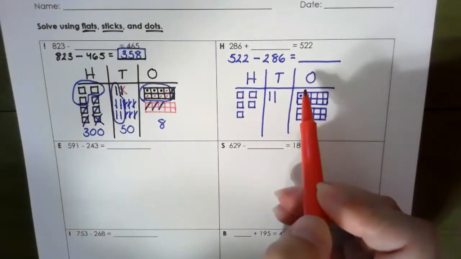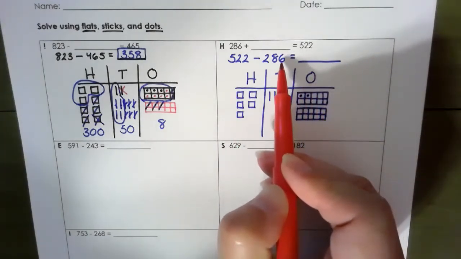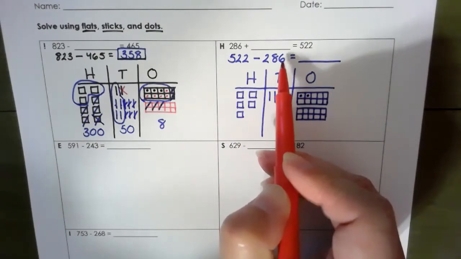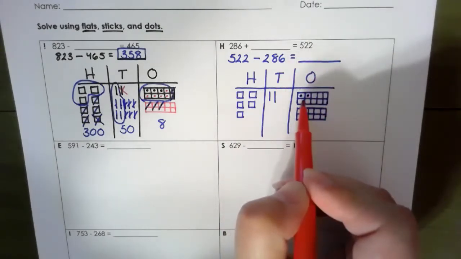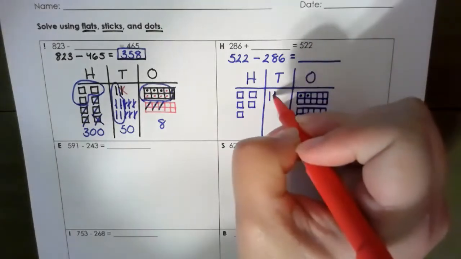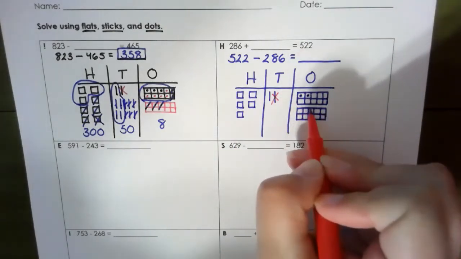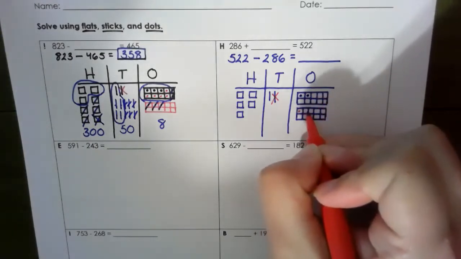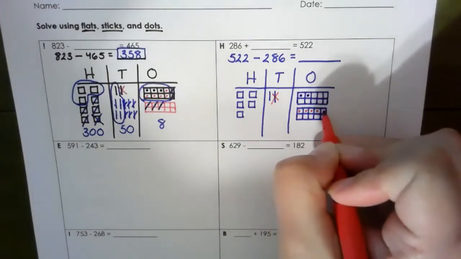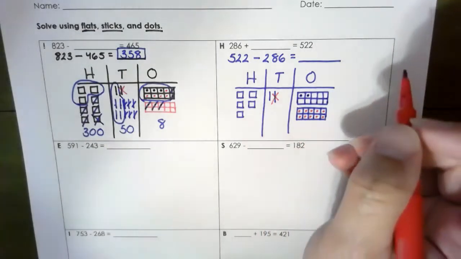522. Now we need to subtract from the ones place first. How many ones are we going to subtract? 6. Do we have enough? That's right, we don't. What do we need to do? You got it. Regroup a 10 and make 10 ones. You can use your 10 frame you already drew to mark your 10 ones. 1, 2, 3, 4, 5, 6, 7, 8, 9, 10.